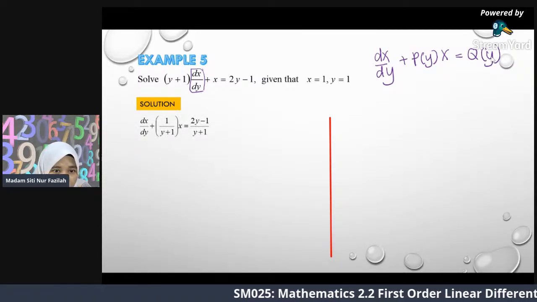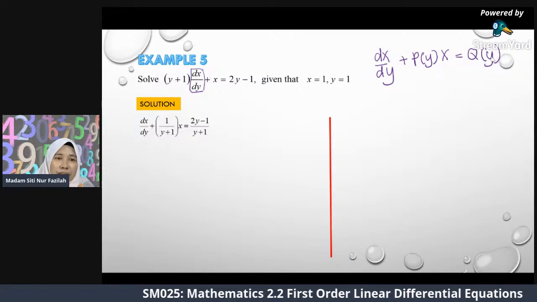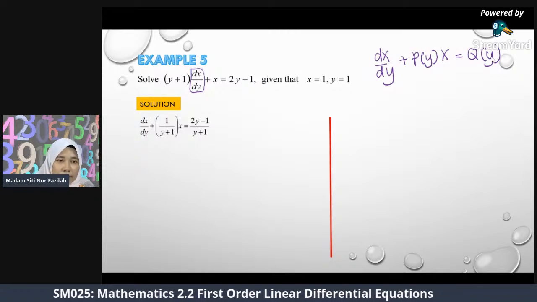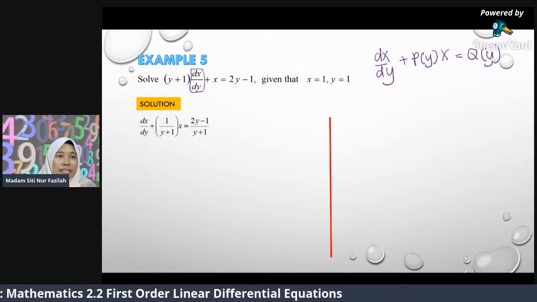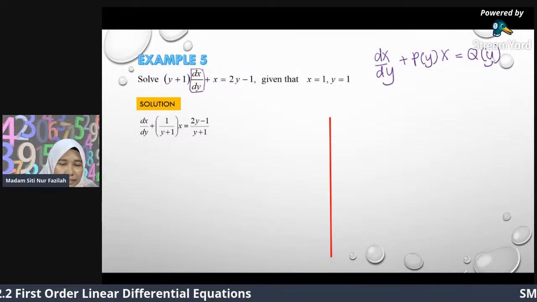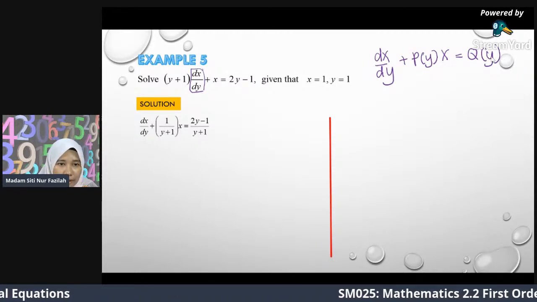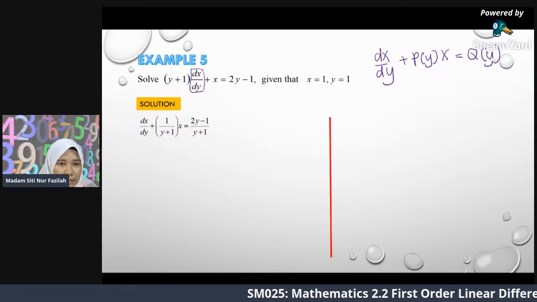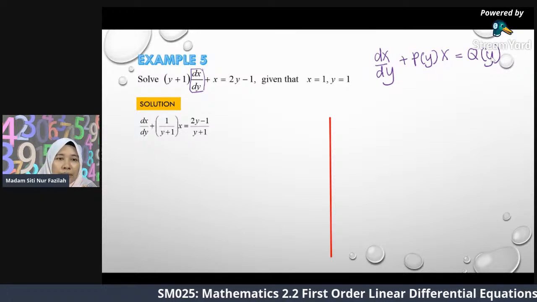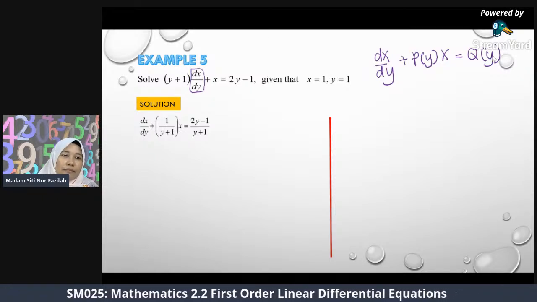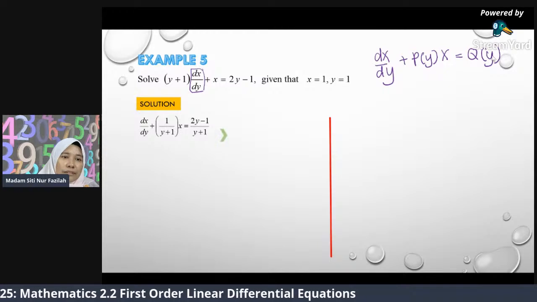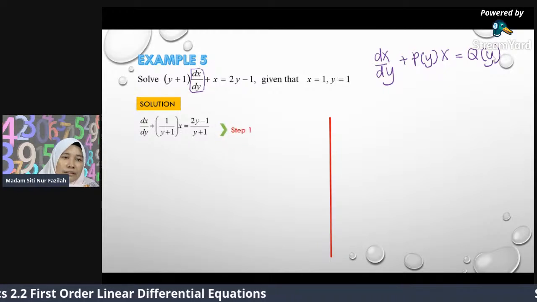For step 1, we need to divide both sides by y + 1. We get dx/dy + (1/(y + 1))x = (y - 1)/(y + 1).